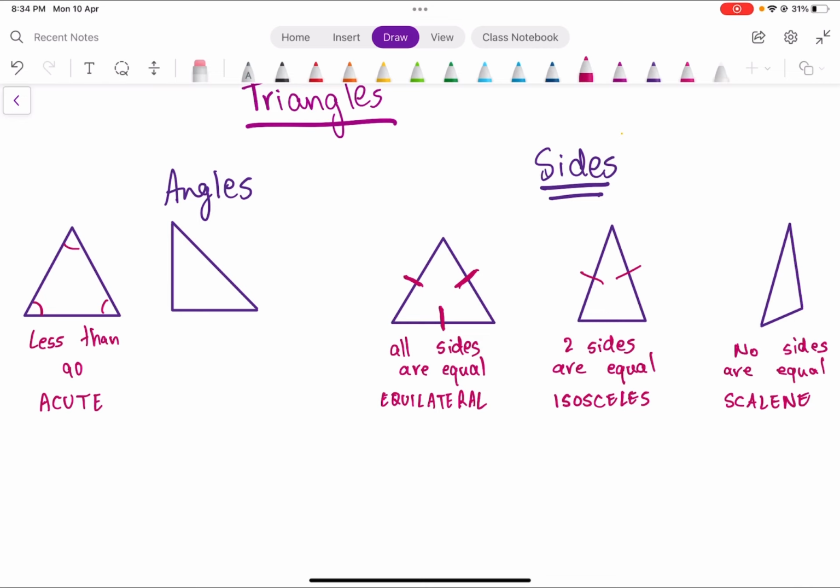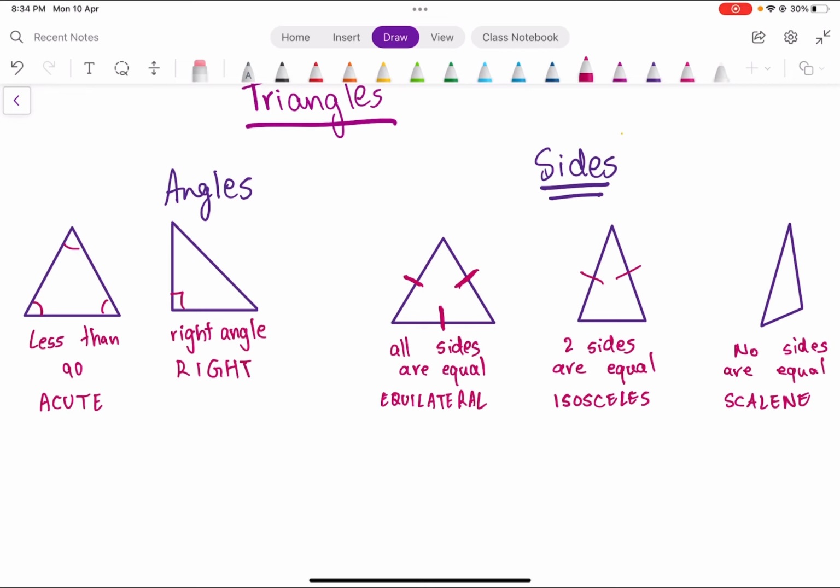So this has a right angle. Keep in mind that a triangle can only have one right angle no matter what. You will never see a triangle that has two right angles. So this is called a right triangle.